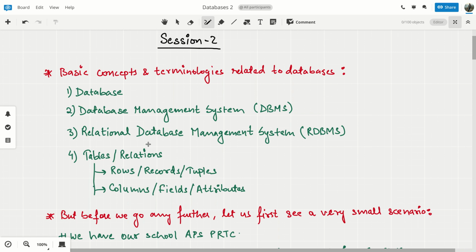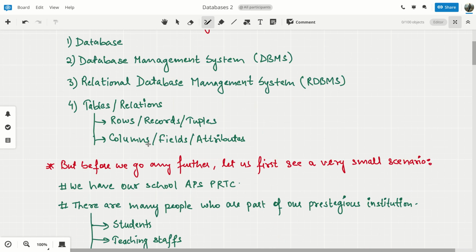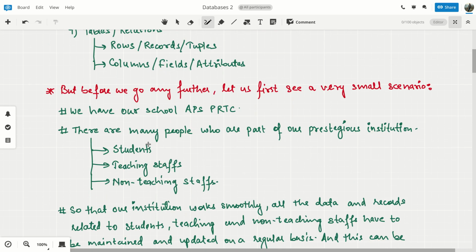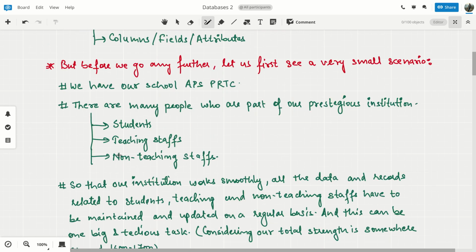But before we further dive into the discussion of these terminologies related to databases, let us take a very small scenario related to our own school, that is APS PRTC. We are all members of our school, and there are many people who are part of our prestigious institution.